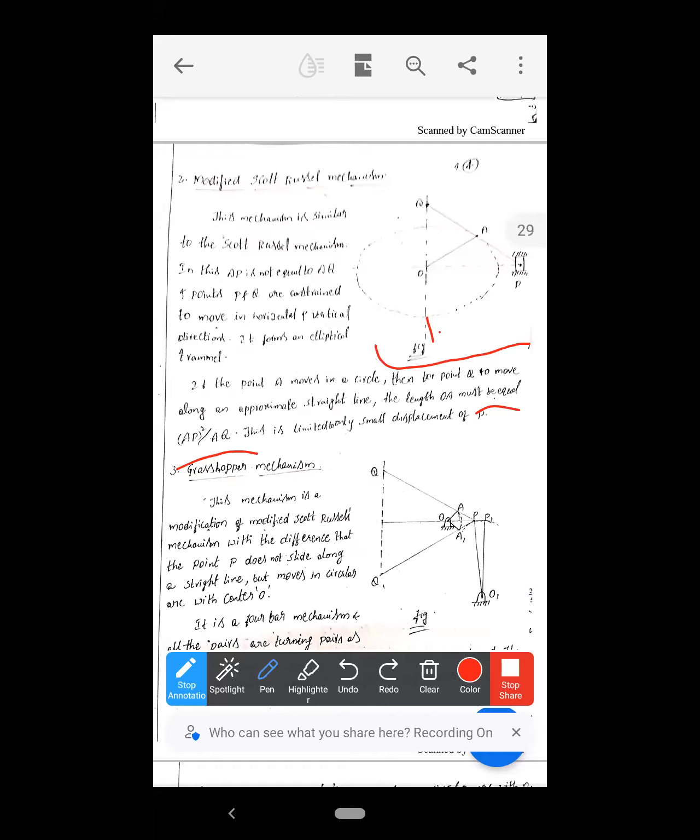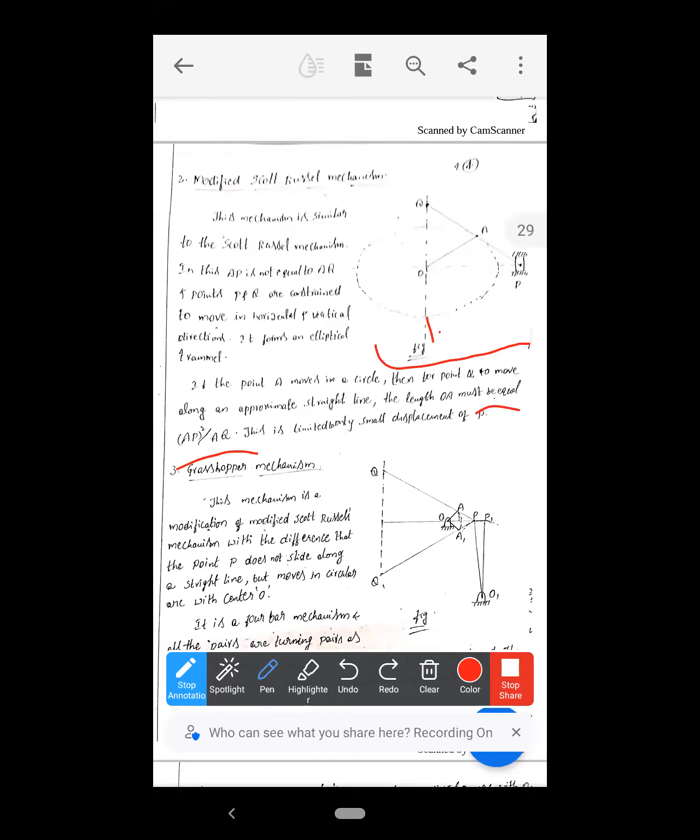That means the link lengths are AP square by AQ. So that is the main difference between the earlier Scott-Russell mechanism and the modified Scott-Russell mechanism. All other functioning is similar, and the number of links, how many links are used in the system, is also the same, and the functioning is the same.